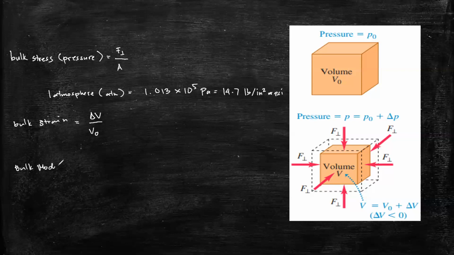The symbol for bulk modulus is the letter B, which is equal to the bulk stress over the bulk strain, which is equal to the change in pressure divided by the change in volume over the original volume.